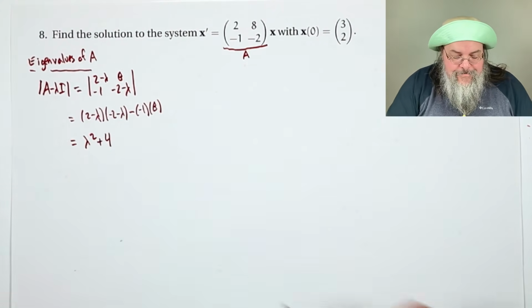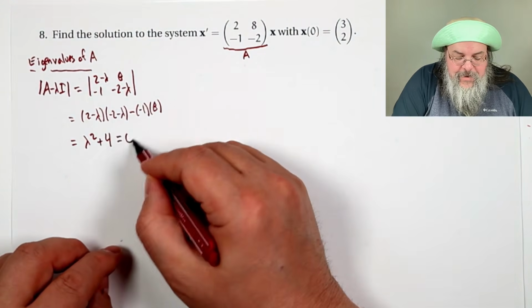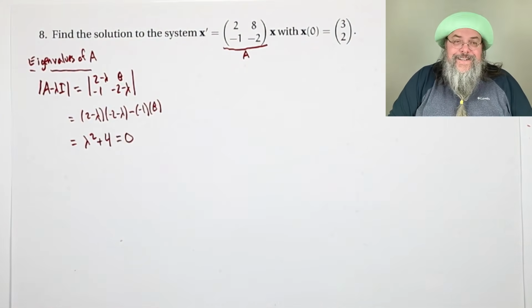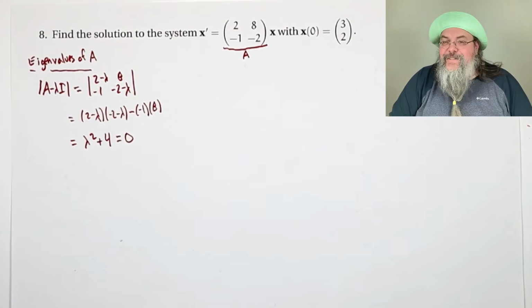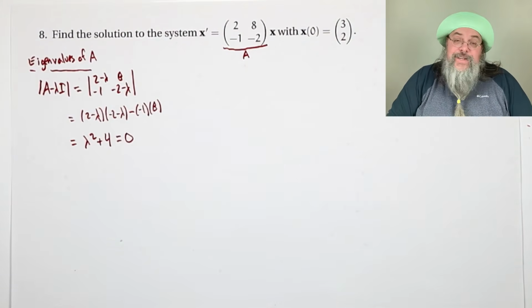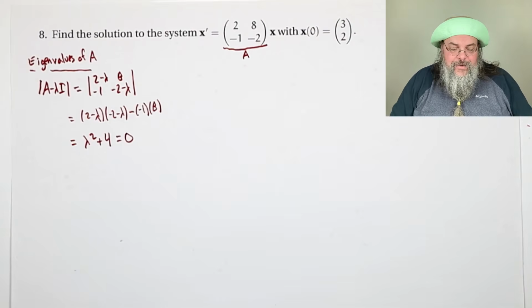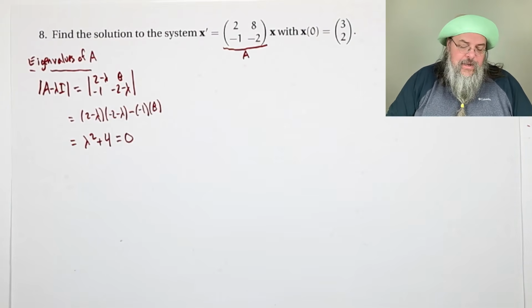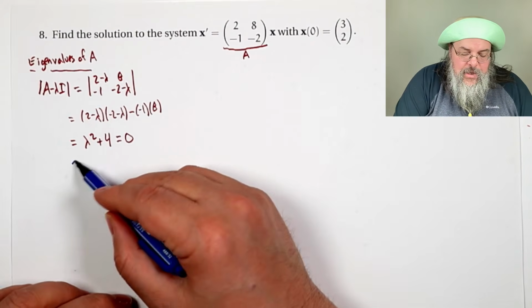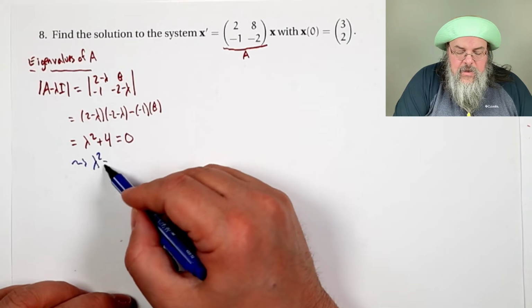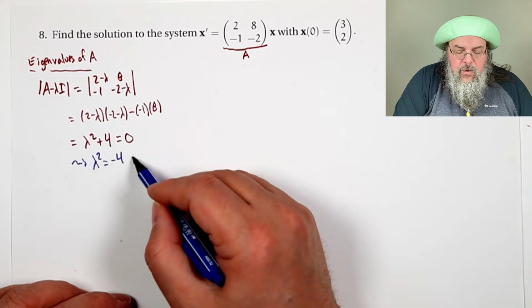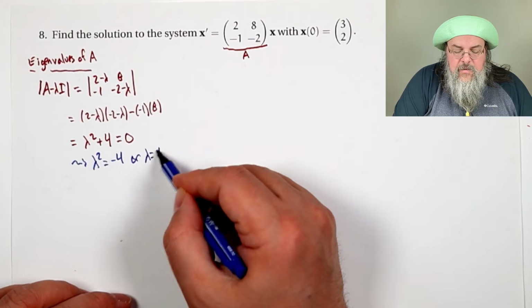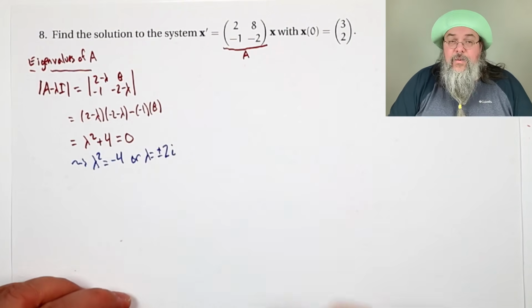Well, you see how to factor that one? Not so clean, is it? But it's not too hard to see what to do, because we can just rearrange and say this is really lambda squared is -4, or lambda is plus or minus 2i.